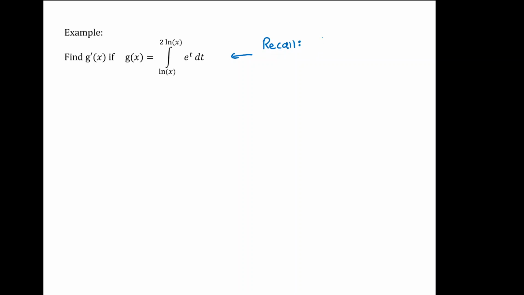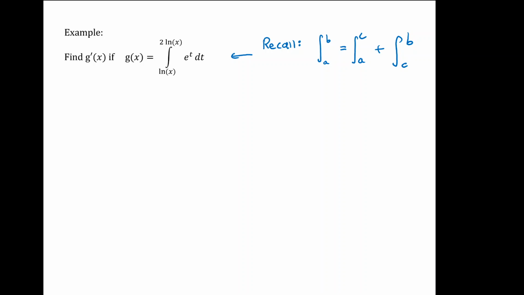Recall that the integral from a to b of something can be written as the integral from a to c plus the integral from c to b. And the c just comes out of nowhere. You make up anything that you want. Say that we're integrating from 0 to 10. Well, you can take a break at 3. Do an integral from 0 to 3, and then plus the integral from 3 to 10.